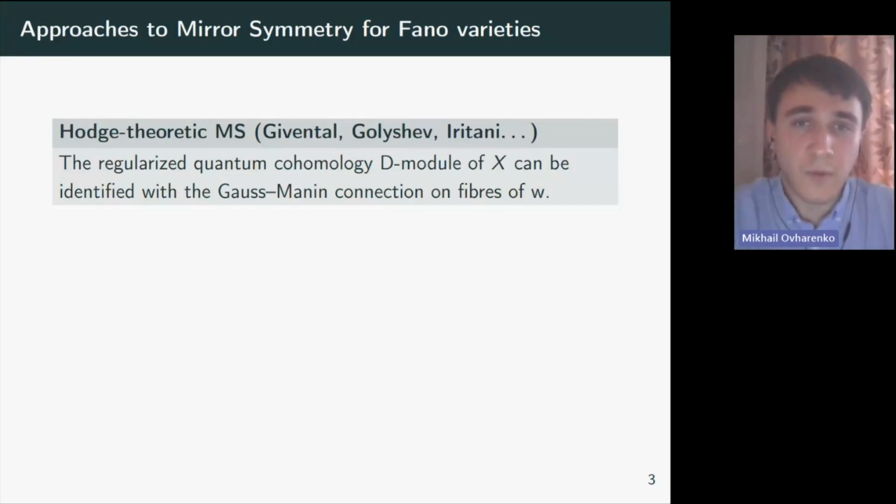We have the Gauss-Manin connection, and we can build from it the so-called Picard-Fuchs differential module. And Hodge theoretic mirror symmetry states that these two D-modules are isomorphic after an appropriate regularization procedure on the symplectic side.